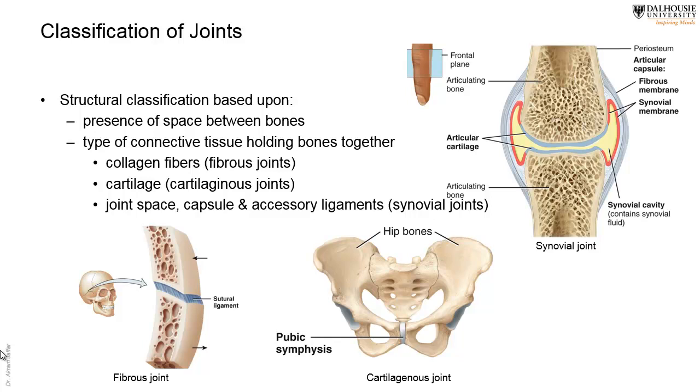So structurally speaking, we can classify the joints by whether there's a space or no space. And the second point is the type of connective tissue material between the two articulating surfaces. It could be fibrous tissue, it could be cartilage, or it could be a combination of ligaments, synovial fluid, capsule, and space.